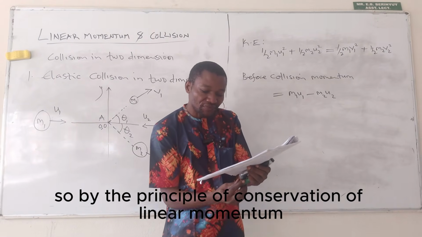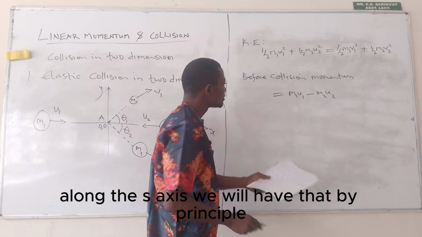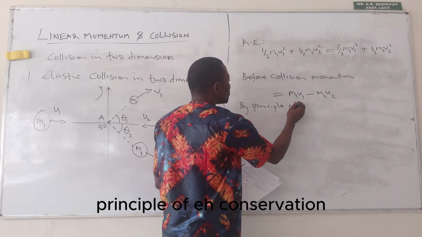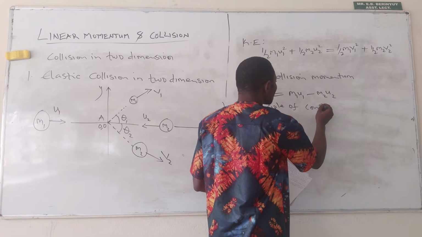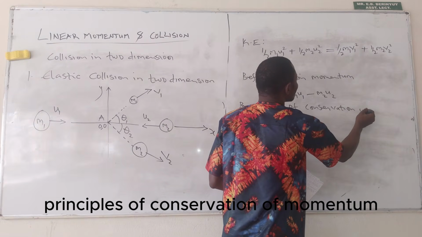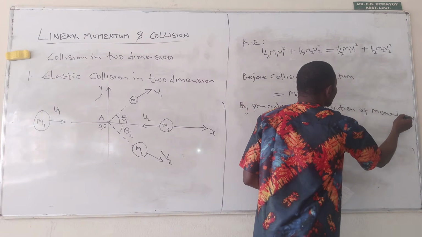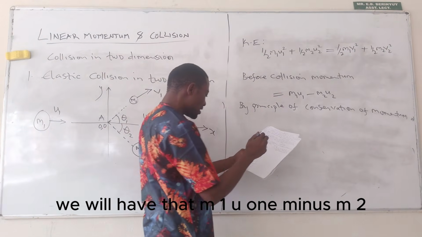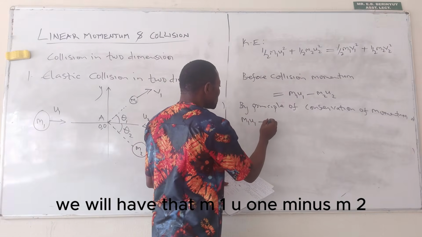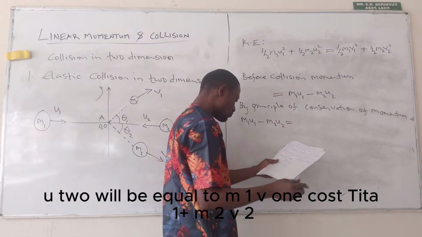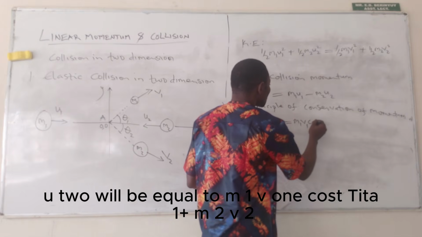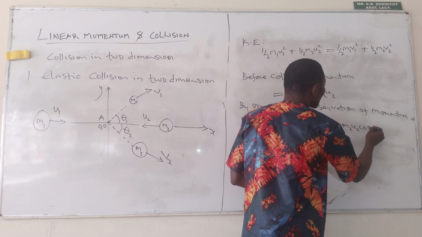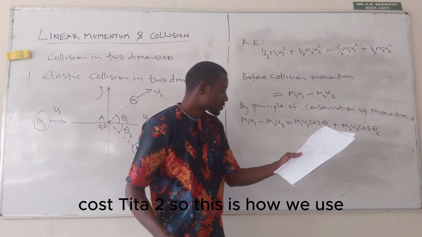So by the principle of conservation of momentum along the x-axis, we will have that m1 u1 minus m2 u2 will be equal to m1 v1 cos theta 1 plus m2 v2 cos theta 2.